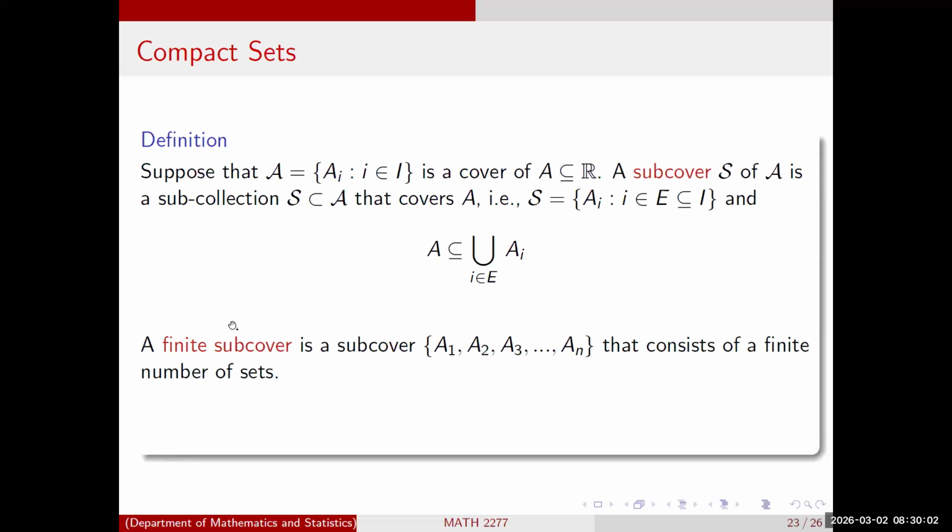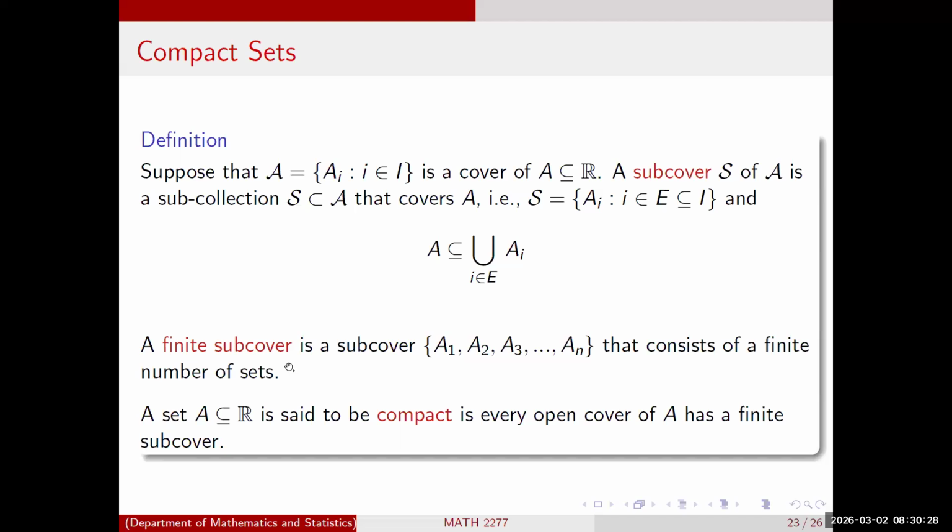So a finite subcover is simply a subcover A1, A2, A3 up to AN. In this case, we have N of them. It consists of a finite number of sets, not that the sets themselves are finite. So make sure you know that distinction.